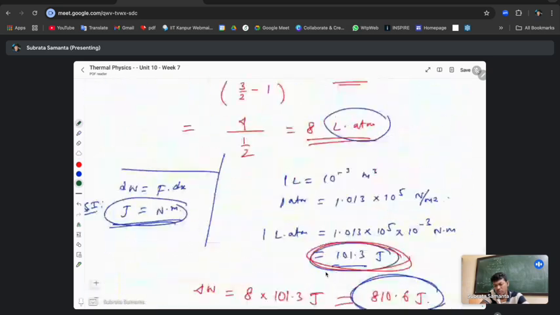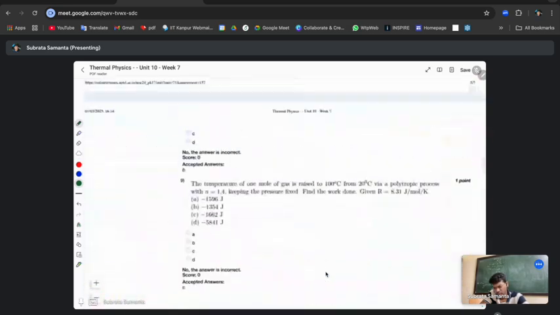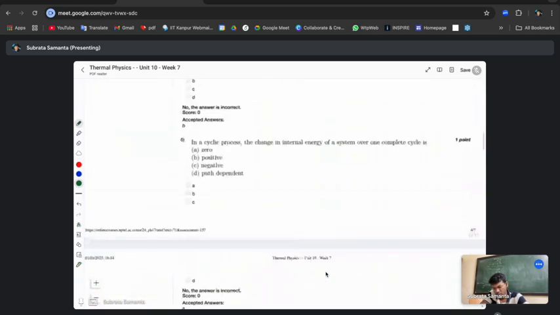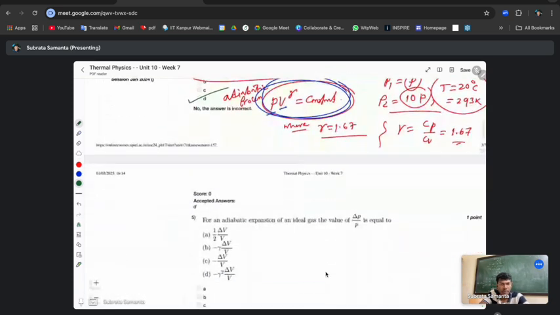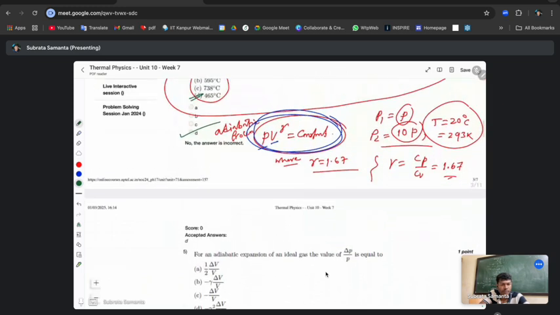Okay, so now check the options. 465.01. Yes, the closest one is this, so the option D, 465. So the option D is correct. Any questions?